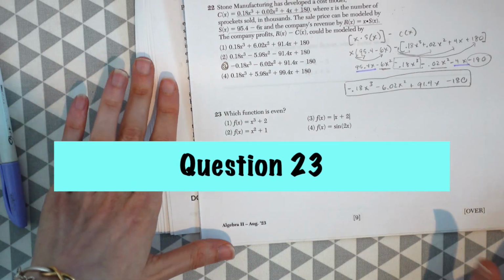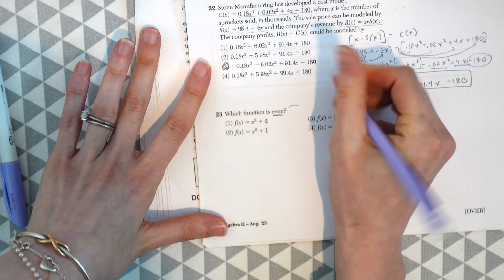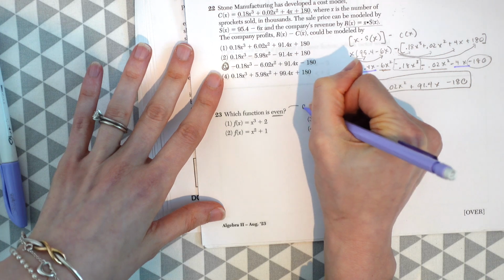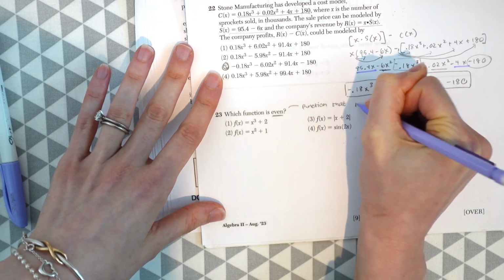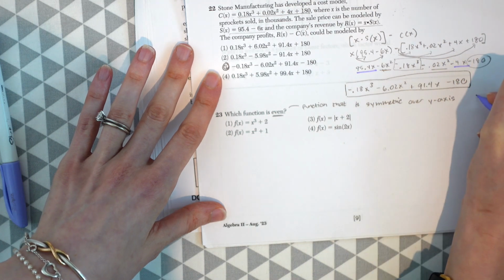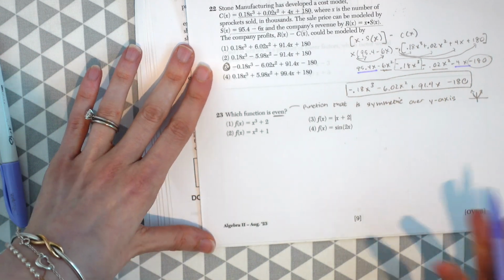Question 23. Which function is even? So an even function is a function that is symmetric over the y-axis. So just in a little example, something like a parabola that's symmetrical and looks like that.